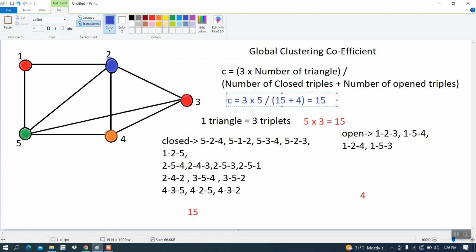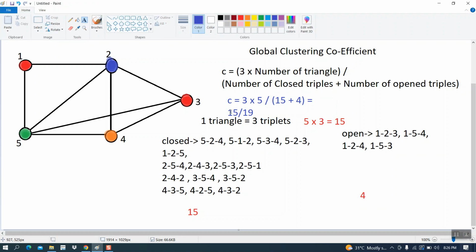Then 15 divided by 90 will be our final answer. It means C equals 15 divided by 90. This is how we find the global clustering coefficient of the given graph.